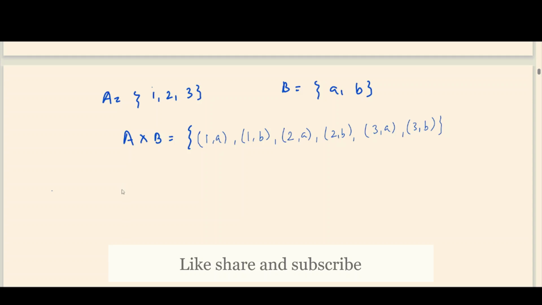Now, a relation can be a subset of this A cross B, the Cartesian product of two sets.